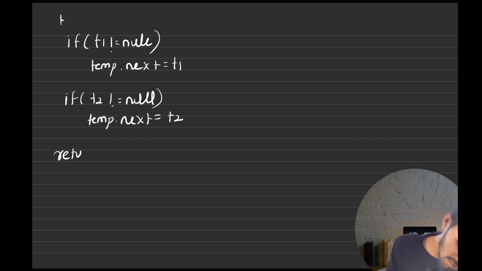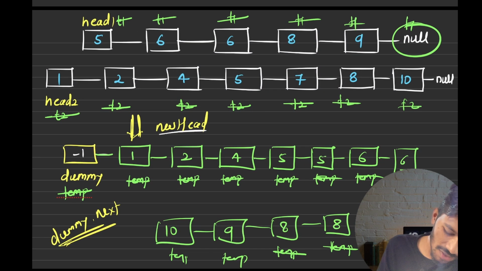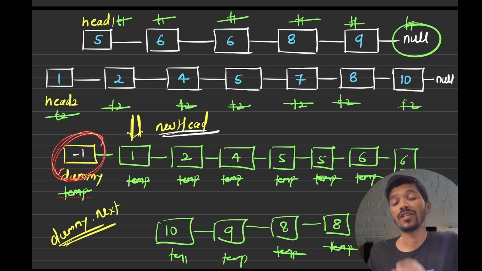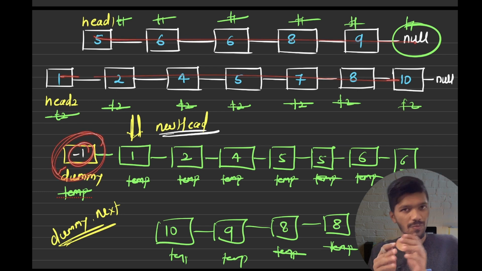Finally I return dummy.next, because this is our new head, and the dummy node is of no use, because in both linked lists there was no -1 present.